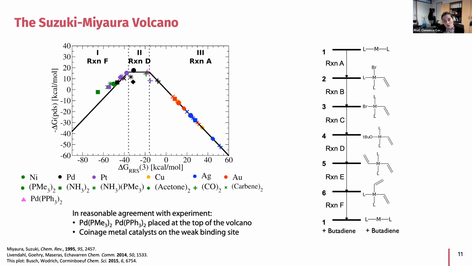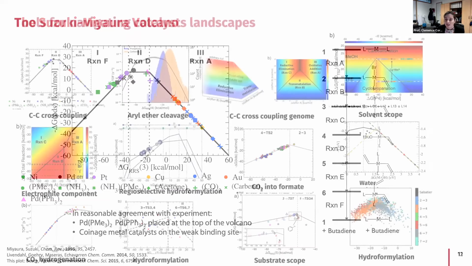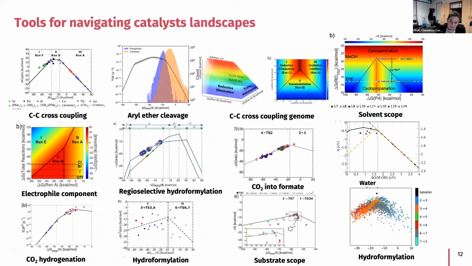This kind of good agreement, even in this limited thermodynamic picture, pushed us to continue and investigate how useful this concept could be to the field. Since then, we have built many different plots. We have been addressing not only the scope of the catalyst, but also the scope of the substrate, which we know is very important.